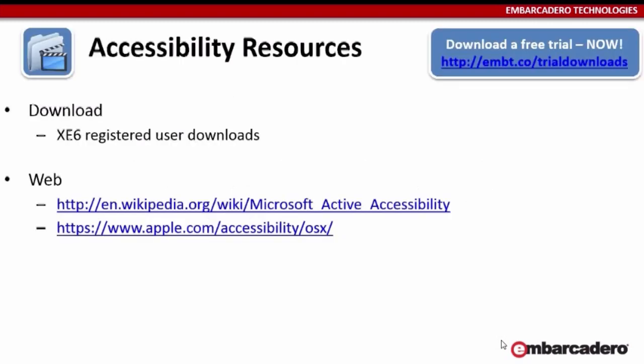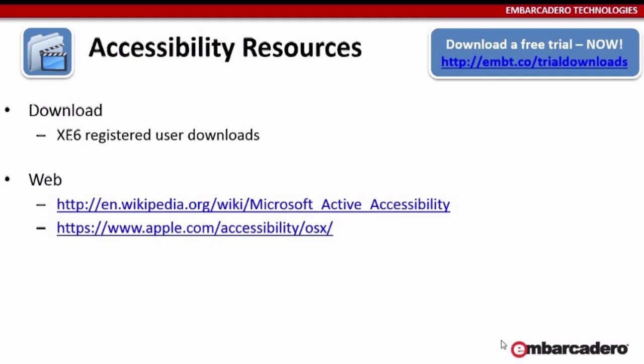As I already mentioned, this library and these two units that you can add to your FireMonkey applications, you can download these as registered users of XE6 in the registered users download page on the Embarcadero website.